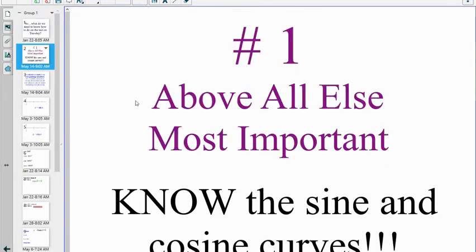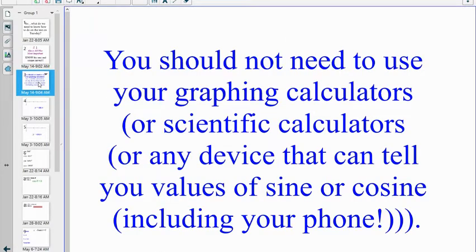And certainly that is the emphasis. The number one most important piece of what we've been doing is the sine and cosine curves. In fact, I'd say that's pretty much what this chapter was about. But on the quiz, we're going to go back to basics a little bit more and look at some stuff that came before that.